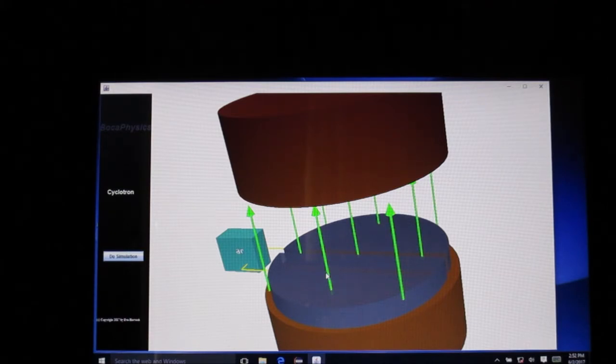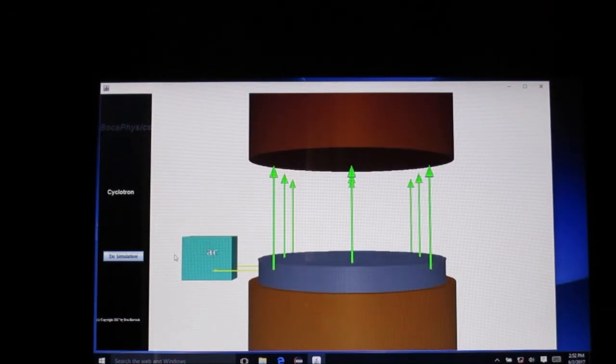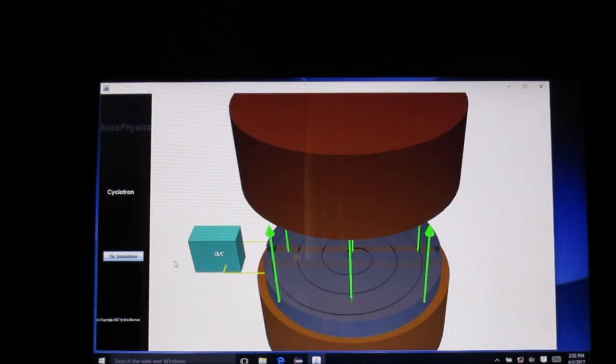Particles are injected near the center of the cyclotron and are turned in a circular path by the presence of the magnetic field. The particles accelerate each time they cross the gap between the Ds, so they gain energy and the radius increases.